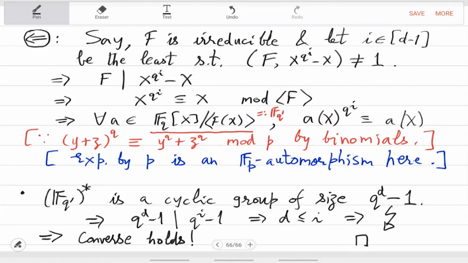Any questions? This is a fundamental property, and its proof, as you can see, uses almost all the basic properties of finite fields. This is why you were prepared by assignment 1.